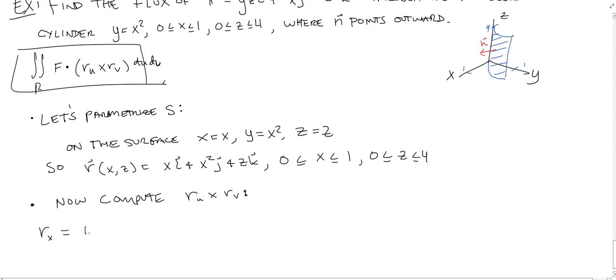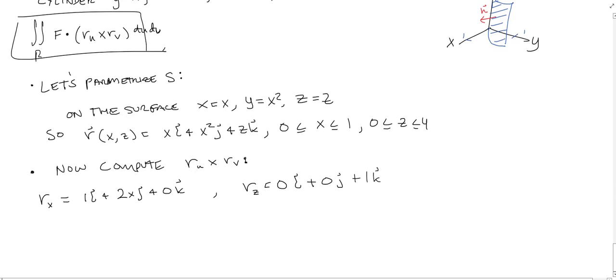That's going to be 1 for the i component, 2x for the j component and 0 for the k component. And then our partial derivative of r with respect to z is going to be 0 for the i component, 0 for the j component, and 1 for the k component.